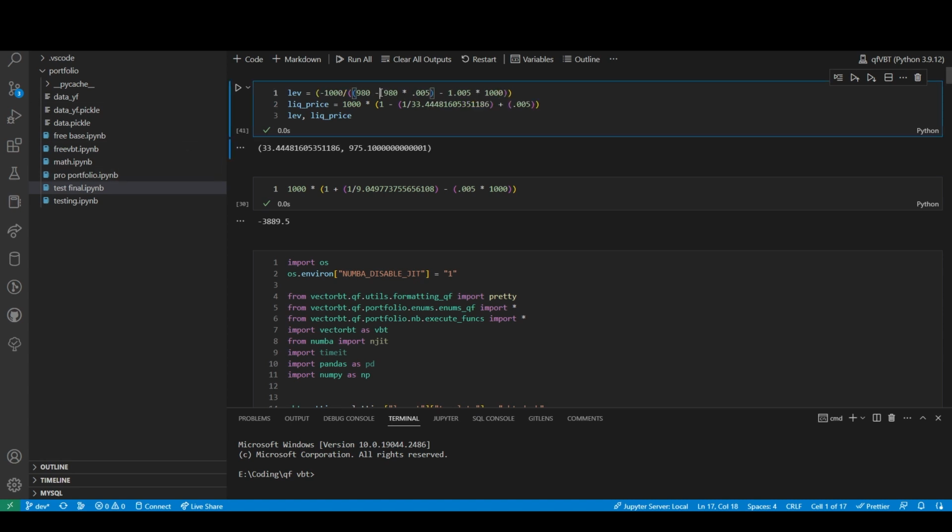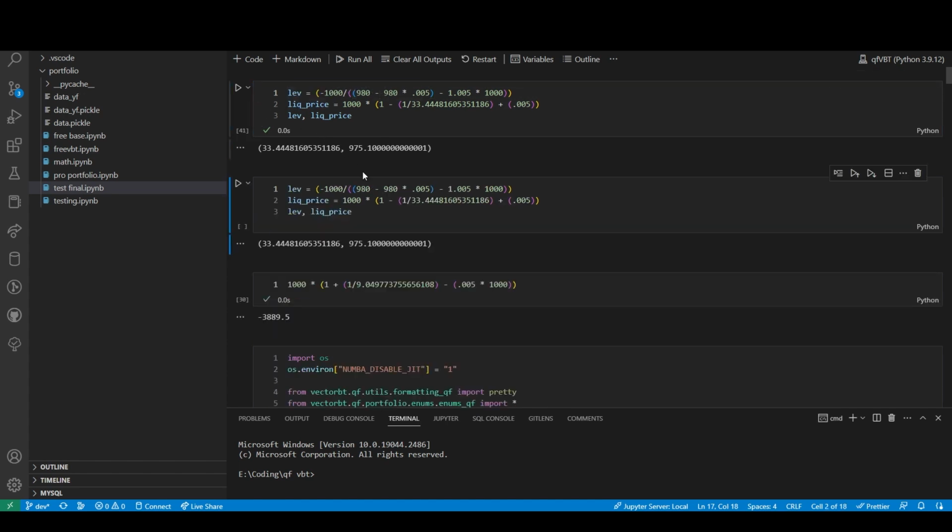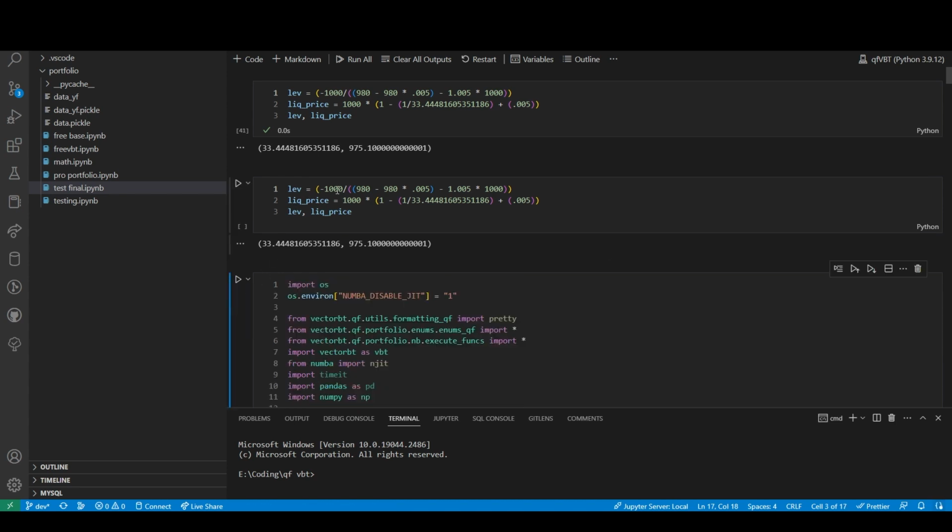Okay, so I had a problem here. I had a plus sign right here. All right, so let's take this and turn it into a cell. Plus, minus. Okay, so this is going to be a leverage of 10. So let's put our stop loss at, wait a minute.